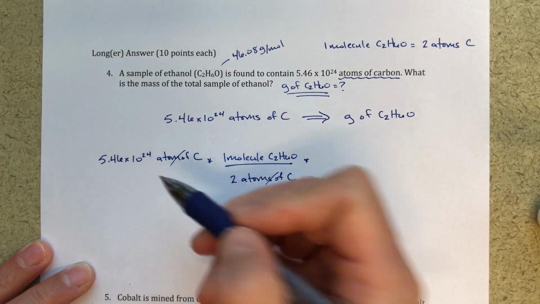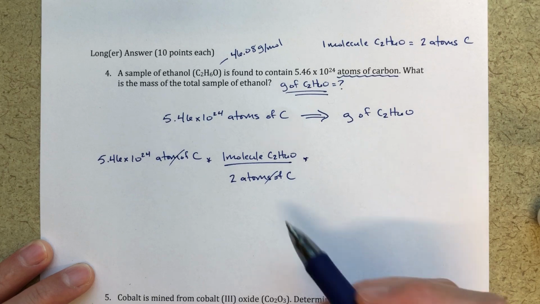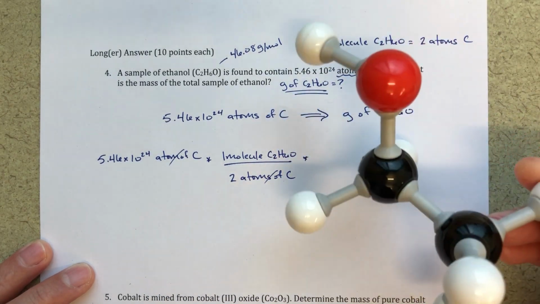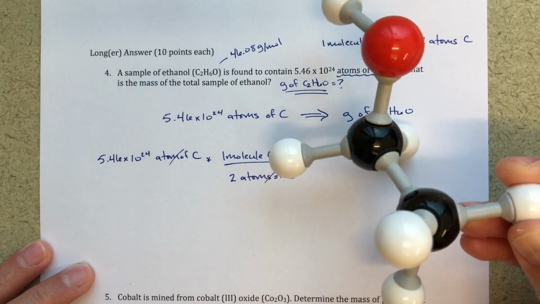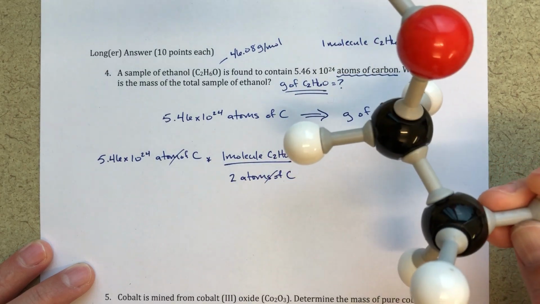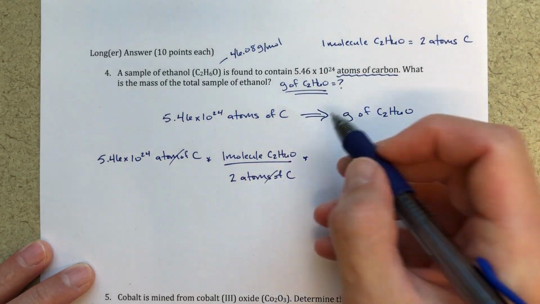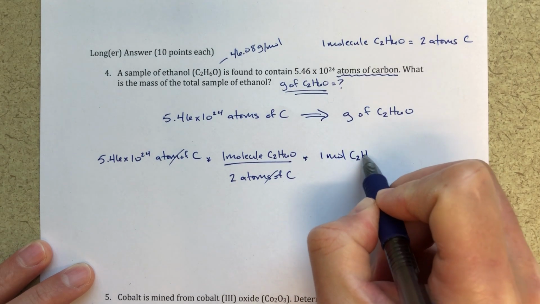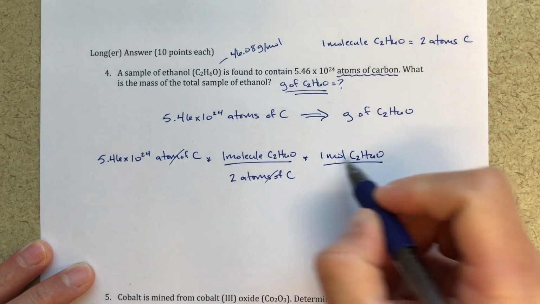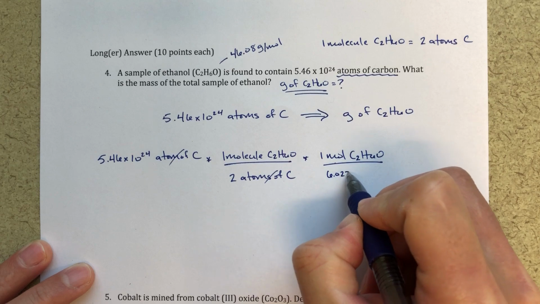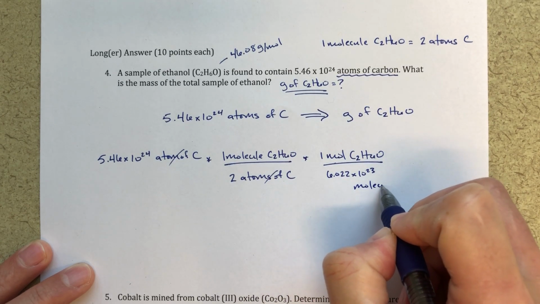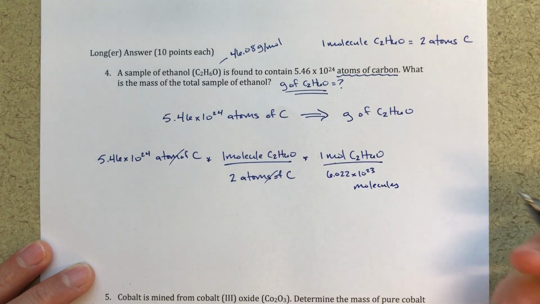So my units of atoms of carbon will cancel out, and after I do this calculation, instead of how many total carbon atoms I have, I'll have how many actual molecules of ethanol I have. From there, I would use Avogadro's number to convert into moles of C2H6O over 6.022 times 10 to the 23rd molecules of C2H6O. So a mole is just a count, right?